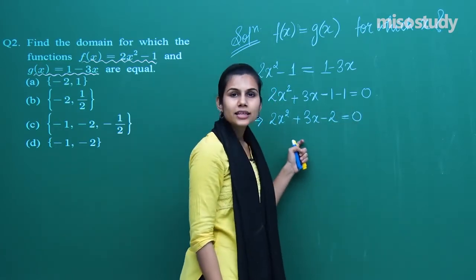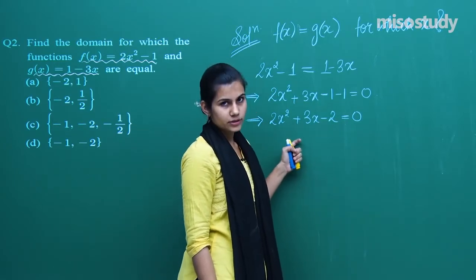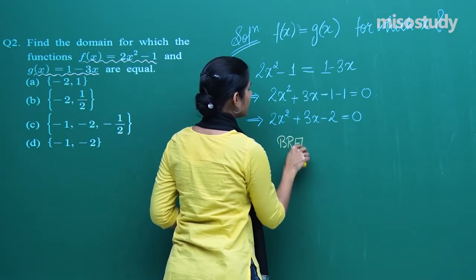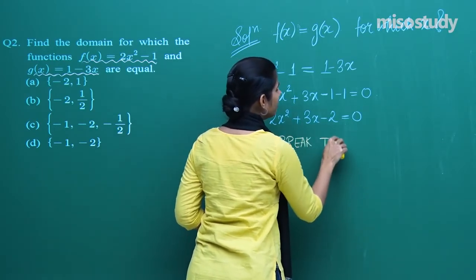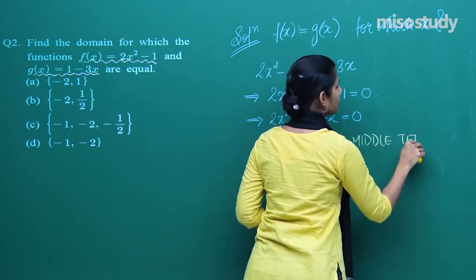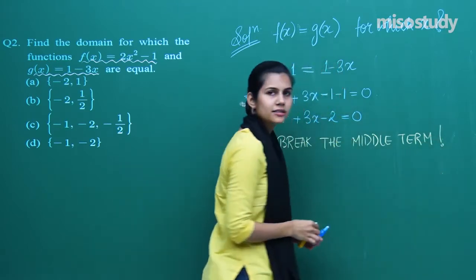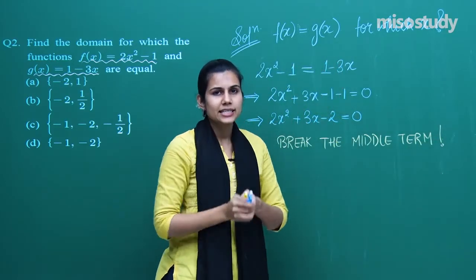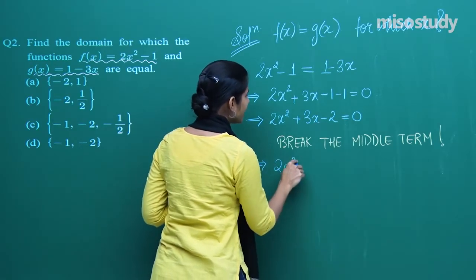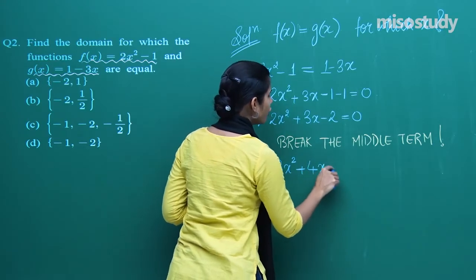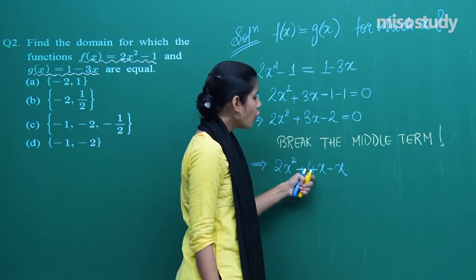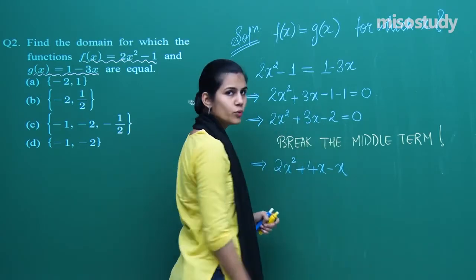Now this is nothing but a quadratic equation. We know how to break the middle term. So let's do that and get the solution for x if it exists in R. So let's break the middle term. This will be 2x square plus 4x minus x. 4x minus x is going to deliver you 3x, and 4 into minus 1 will be minus 4, which you want.